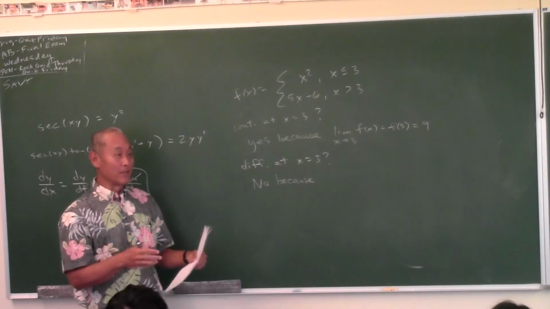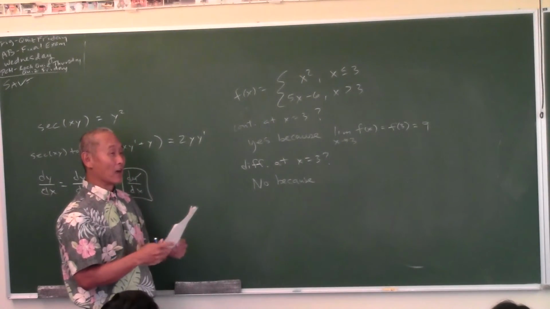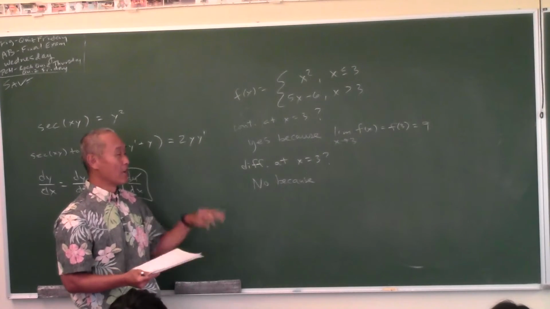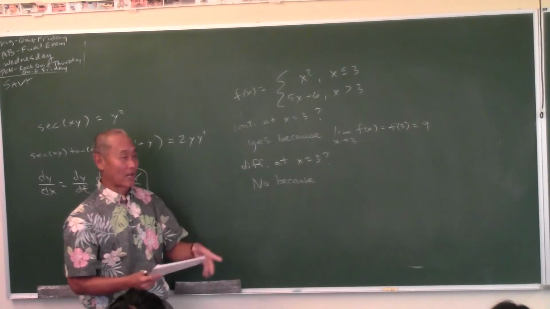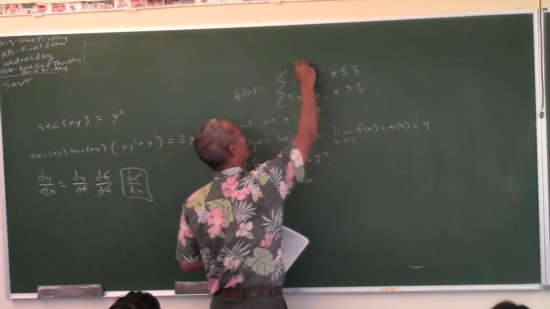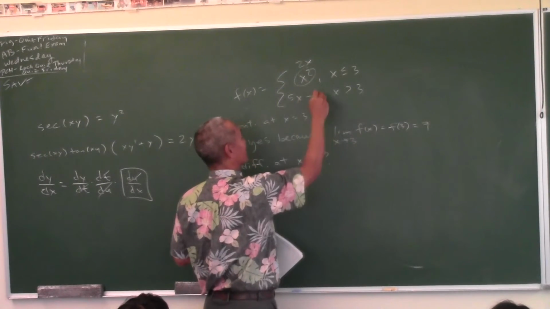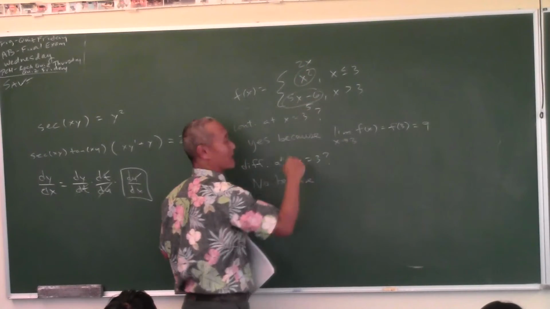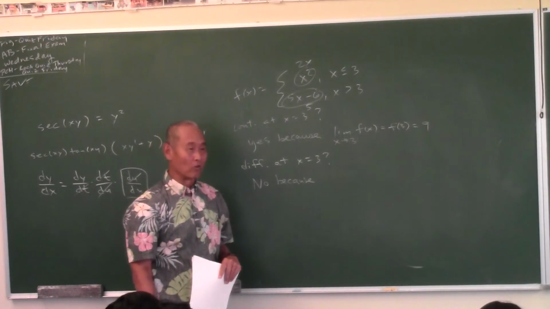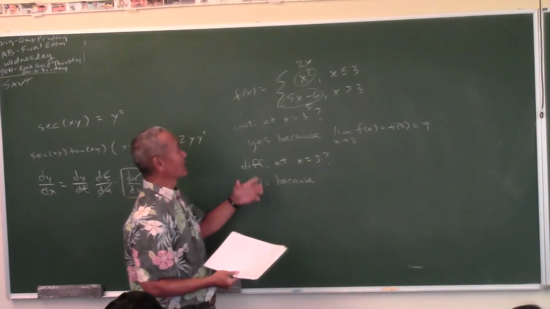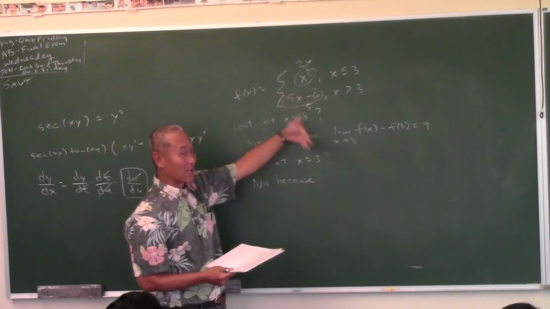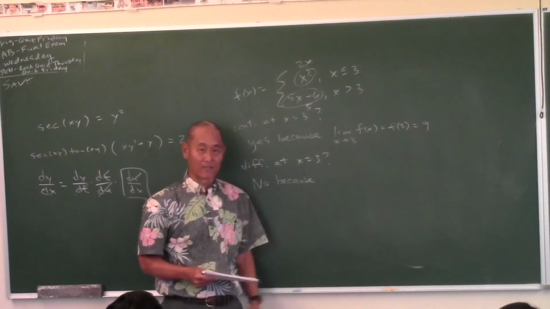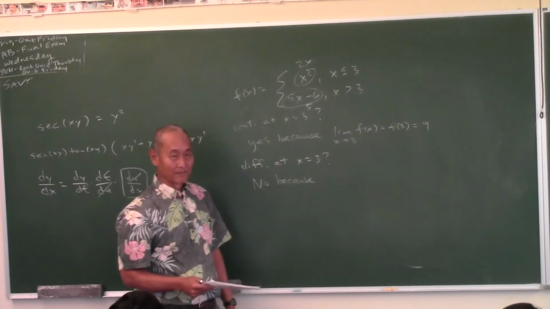Differentiable means smooth and continuous. How do you determine if a function is smooth? The left-hand slope has to equal the right-hand slope. The left-hand slope is the derivative of 3x squared, which is 6x, and the right-hand is 5. If I plug in 3, do you get the same number? No. So your answer should be because the left-hand slope of 18 is not equal to the right-hand slope, which is 5. Write that down.